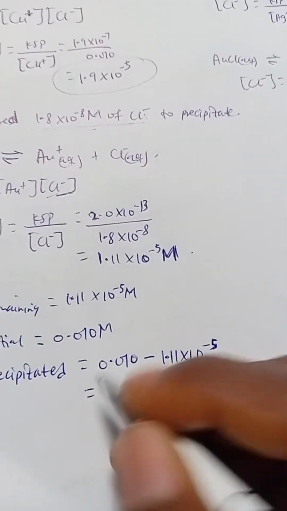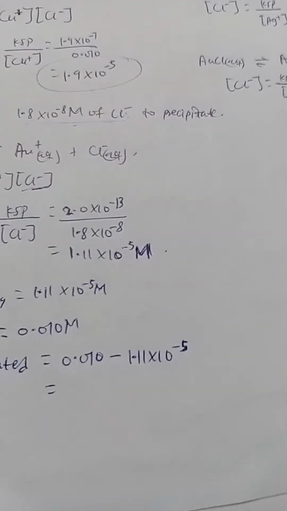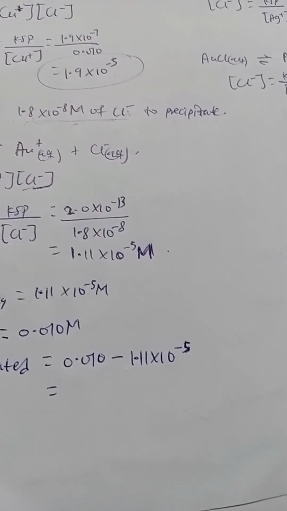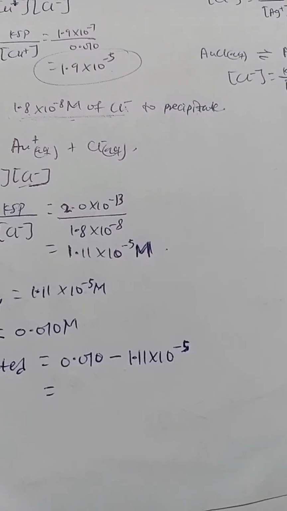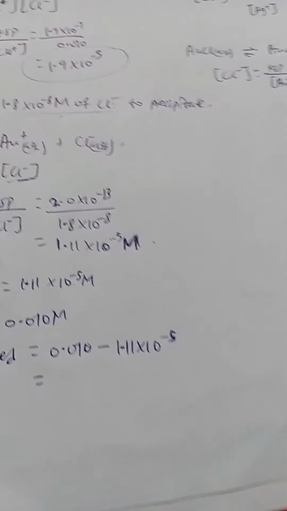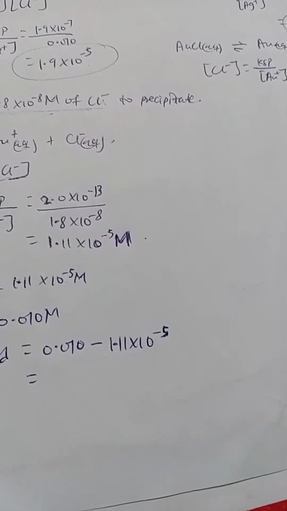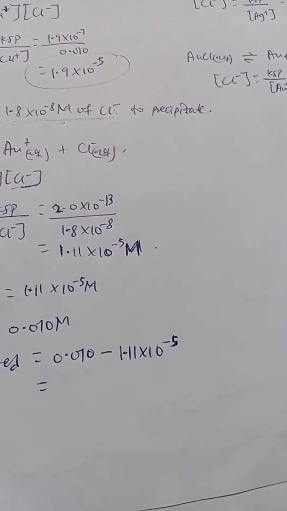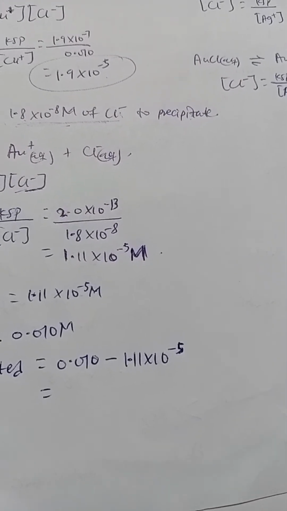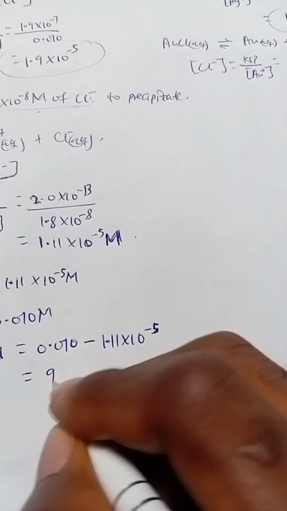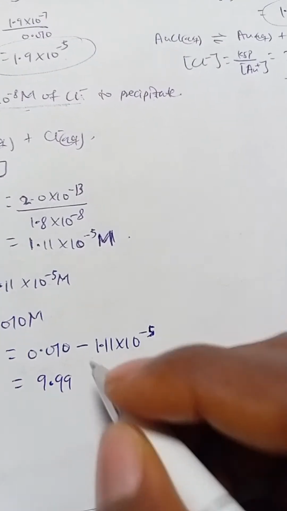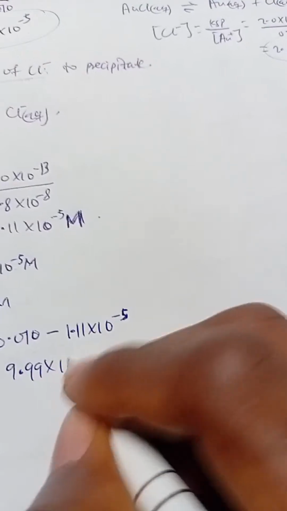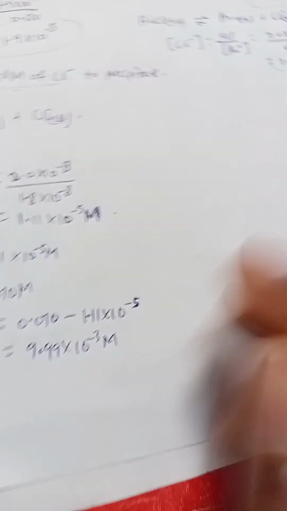So that's going to be 0.010 minus 1.11 by 10 to the power minus 5. And we are getting 9.99 by 10 to the power minus 3 molar.